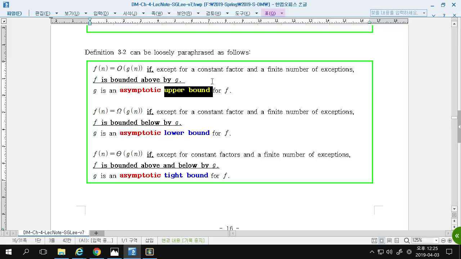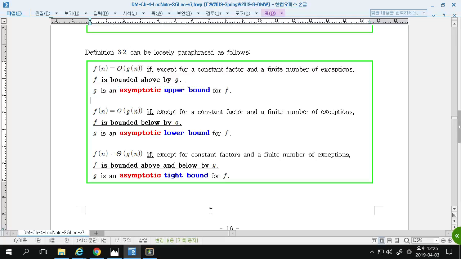If f(n) is omega of g(n), then f is bounded below by g, and we also read it as g is an asymptotic lower bound for f.